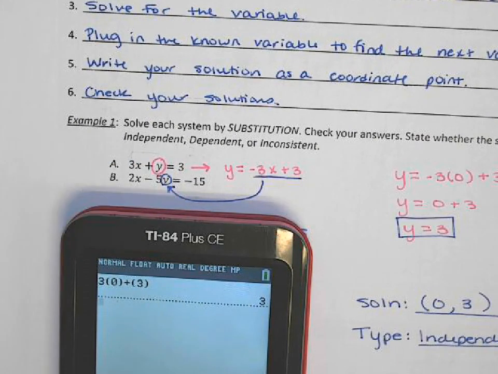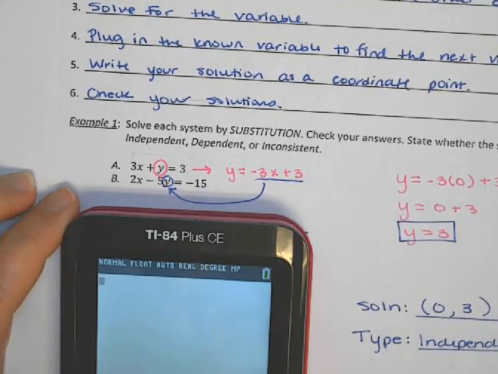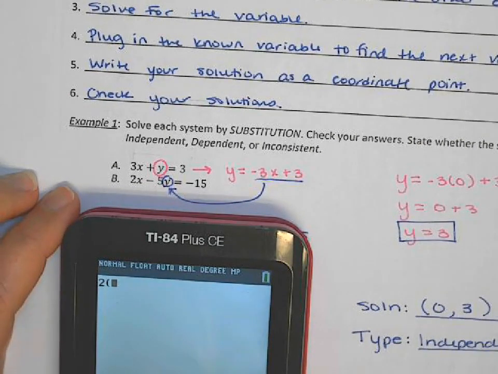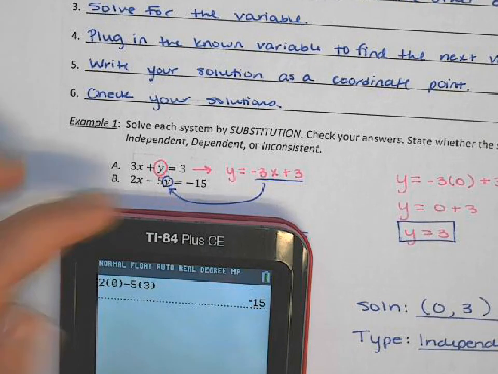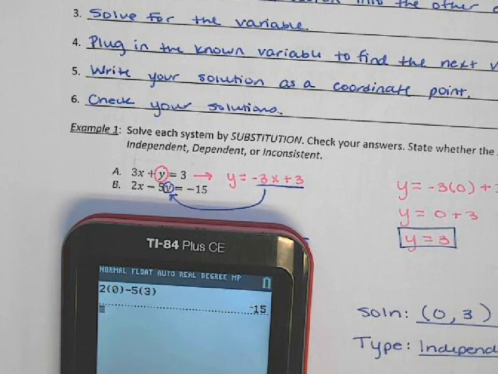Does 3 equal 3? Yes, it does. So it works for A. Now we have to check for B. 2 times the x, which is 0, minus 5 times the y, which was 3, equals negative 15 on the left side. The right side already shows it's negative 15. Negative 15 does equal negative 15, and it also works for equation B.